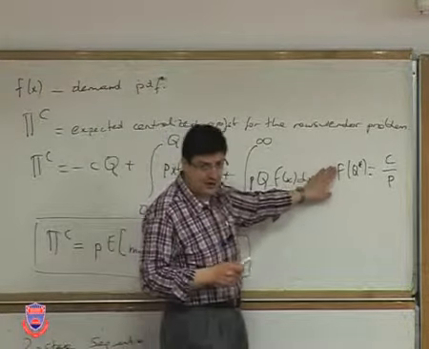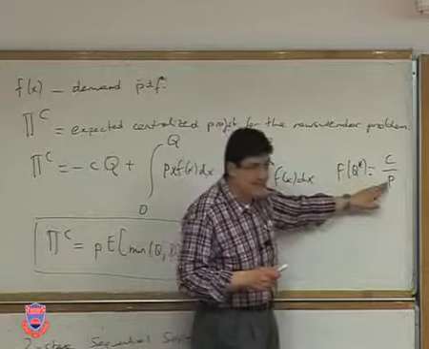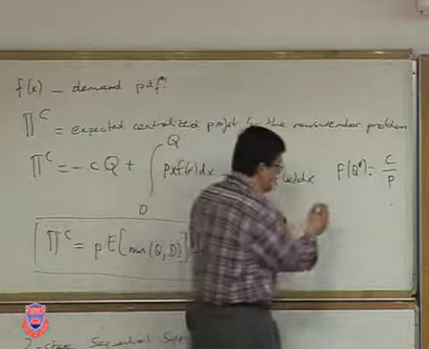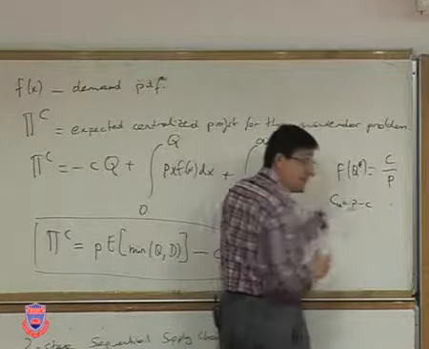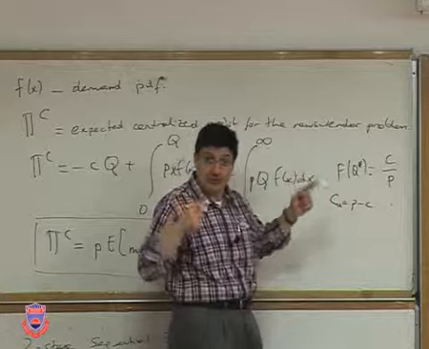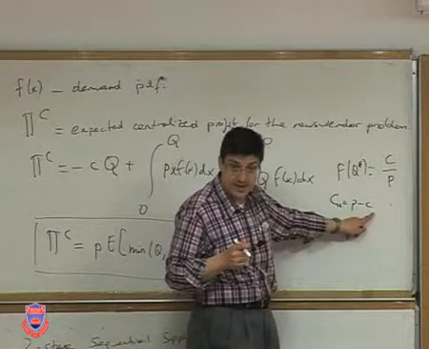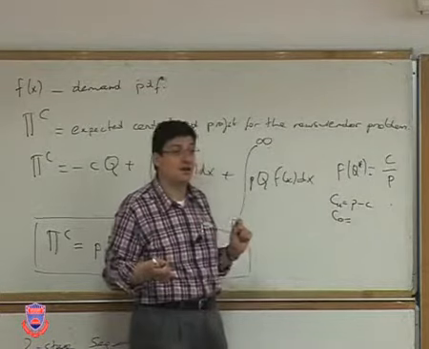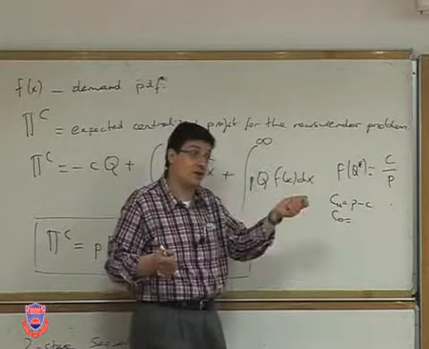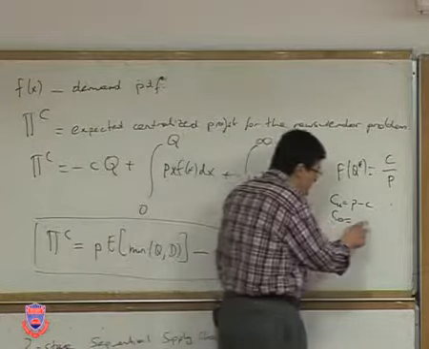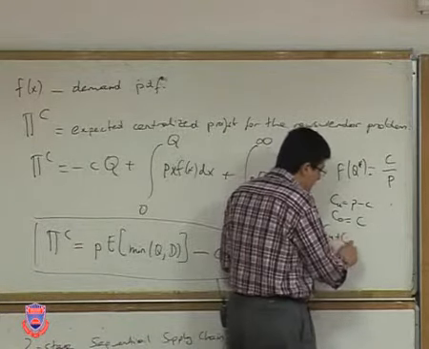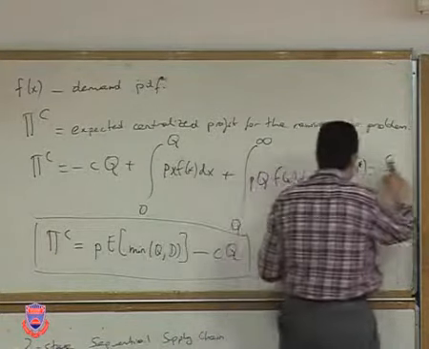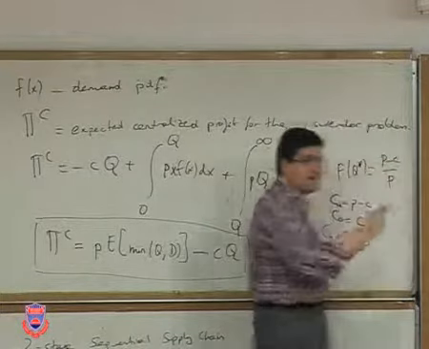What is the cost of underage? If you cannot sell an item, you are losing the profit. So CU is P minus C, the profit that you obtain per unit. CO, the cost of overage, is what? If you cannot sell an item, you are going to pay the manufacturing cost and you don't have any salvage. So this is simply going to be C. So CU plus CO is going to be simply P.